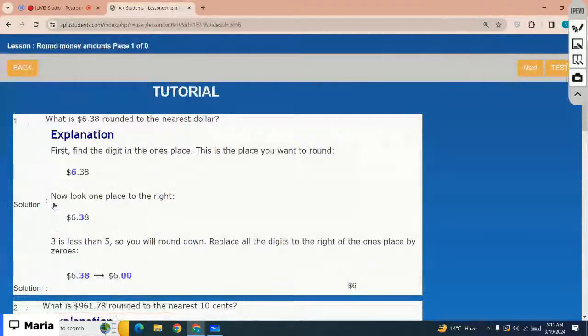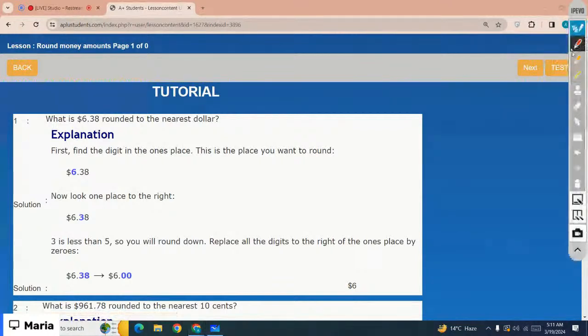Let me just explain the example. What is $6.38 rounded to the nearest dollar? Just read the question carefully. You have to round it to the nearest dollar, right? Here is the dollar.